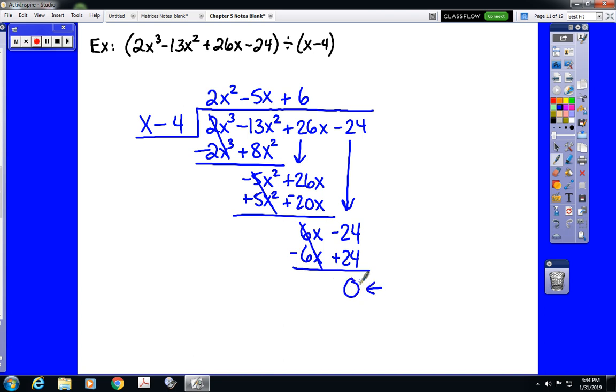This last number, whatever that is, would be our remainder. However, there is no remainder because 0 is not something we have to deal with. So that's just a wrinkle we're going to have to deal with in a later example. Our solution then, our answer, our quotient, would be 2x squared minus 5x plus 6.